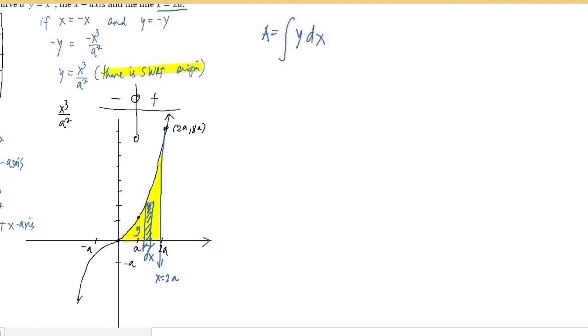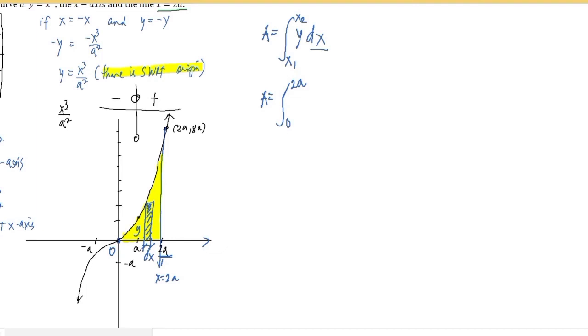What limit? Since we are in x dx, our limit would be x sub 1 up to x sub 2. Since it comes from 0 going to 2a, therefore our limit would be from 0 up to 2a. Then, what is the value of our y?